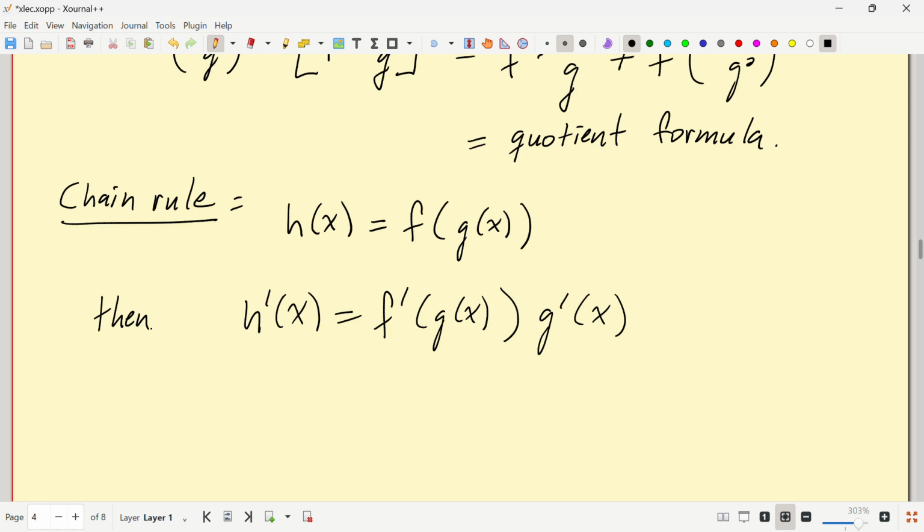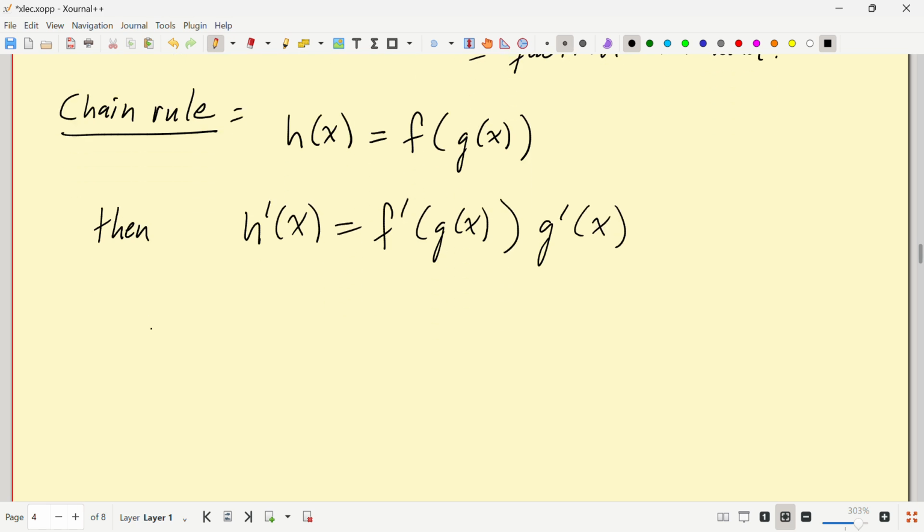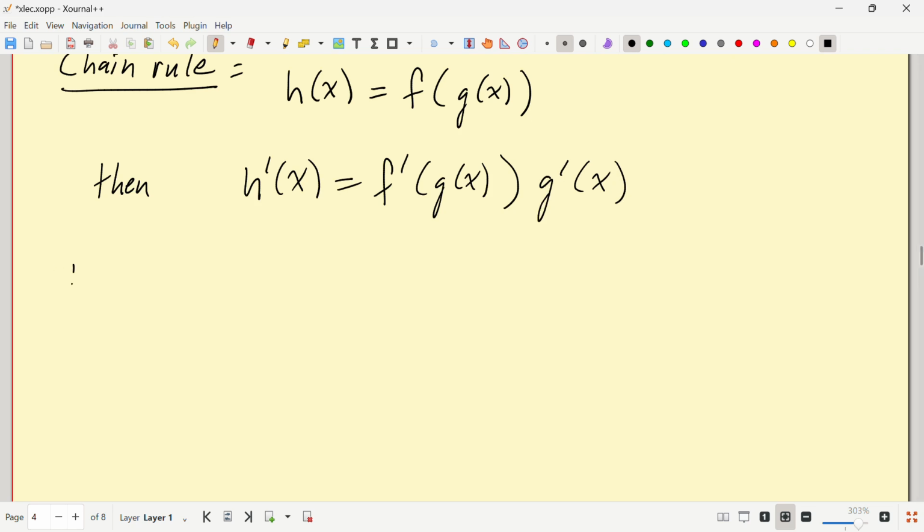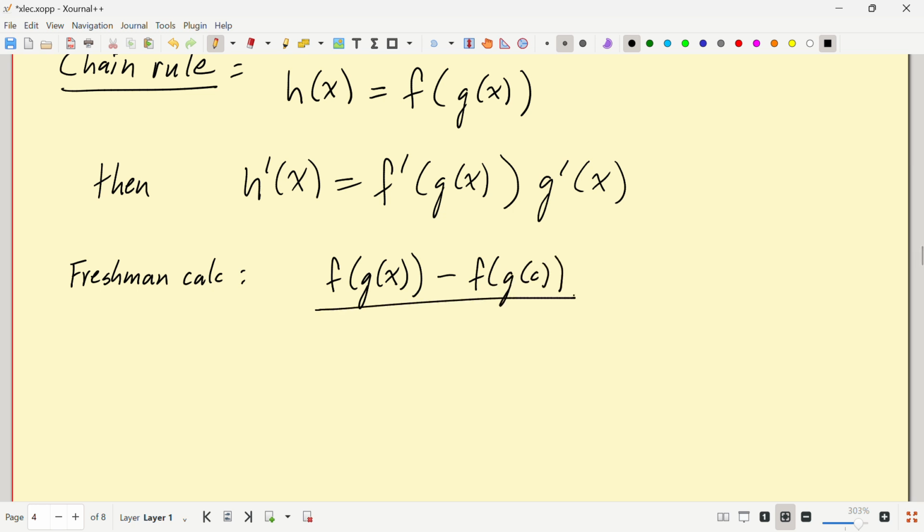But the freshman calculus proof of this is usually sloppy because you just want to get done with it and move on. They look at the difference quotient, f of g of x minus f of g of c over x minus c.